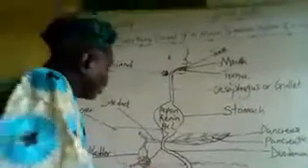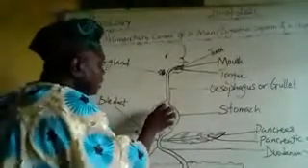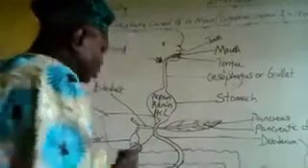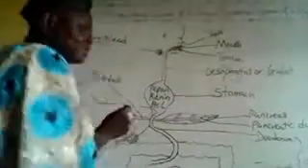From there, the food will now move to the smaller part. Here, the food will be churned in the stomach.